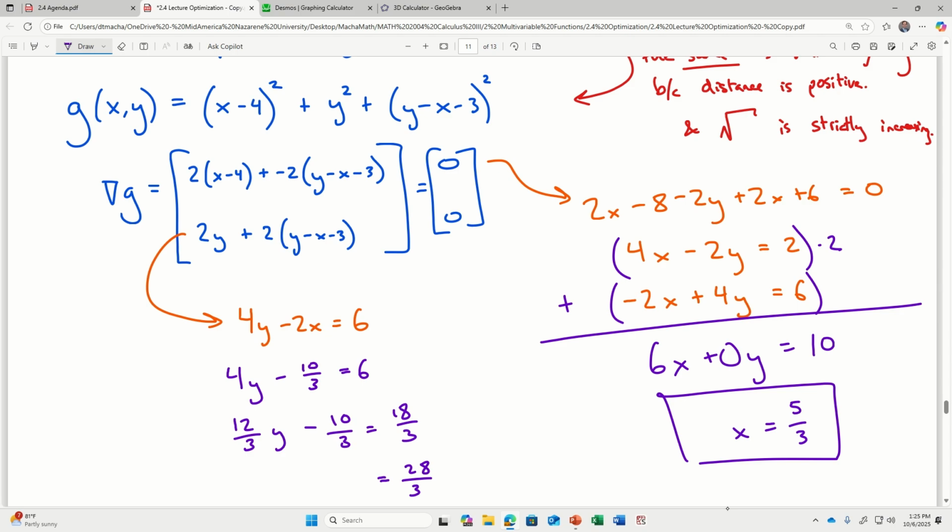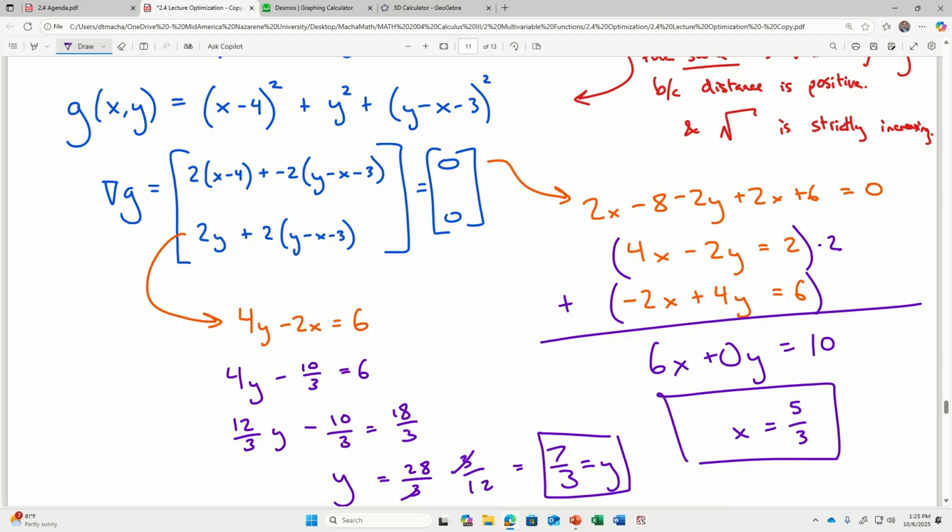And then that's 12/3 y, so that's 3 over 12. 28 over 12 is 14 over 6, which is 7 over 3 for y.